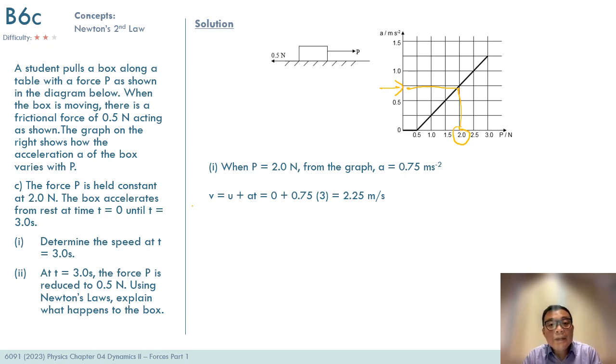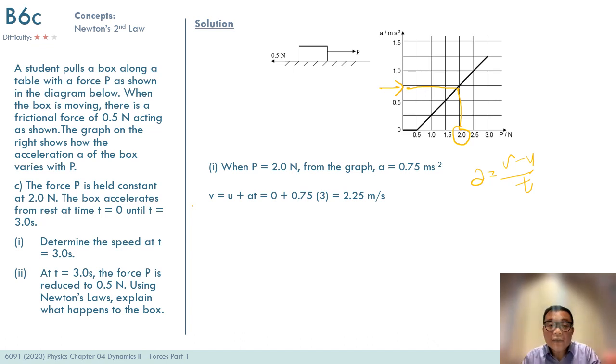you can use the kinematics equation, the acceleration equation, to figure out what is the final velocity or the final speed. Using the equation, a equals v minus u over t, final velocity minus initial velocity over time.